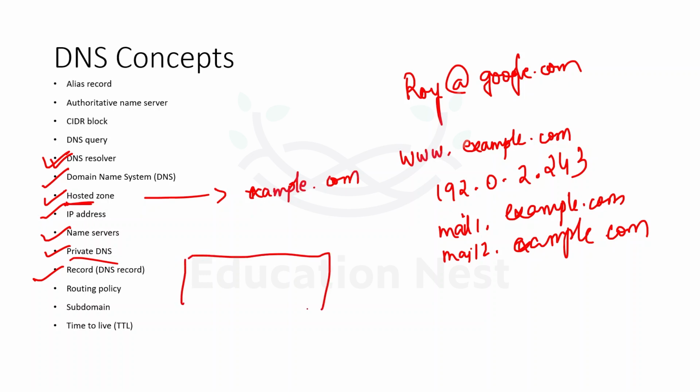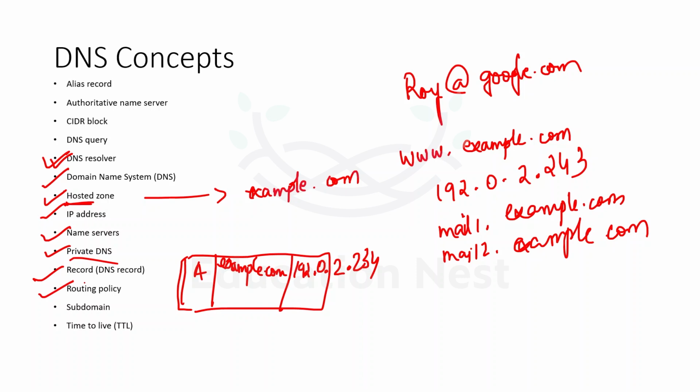It would be just like in a tabular manner. You have to create a record. You will say that this record is, let's say, an A type record, where the domain name is example.com and the associated IP address would be 192.0.2.234, something like this. So you have to create these records for the routing information.